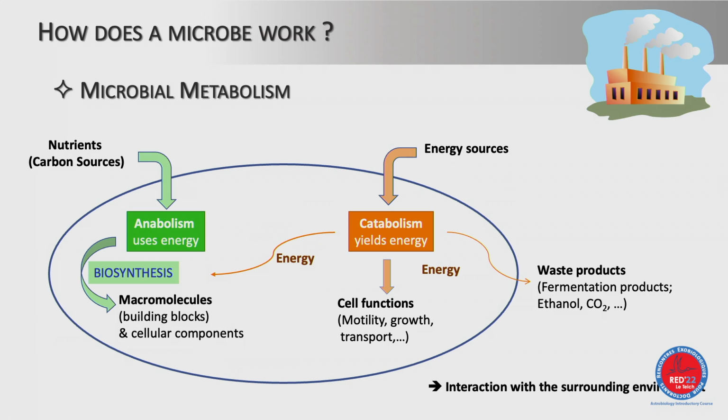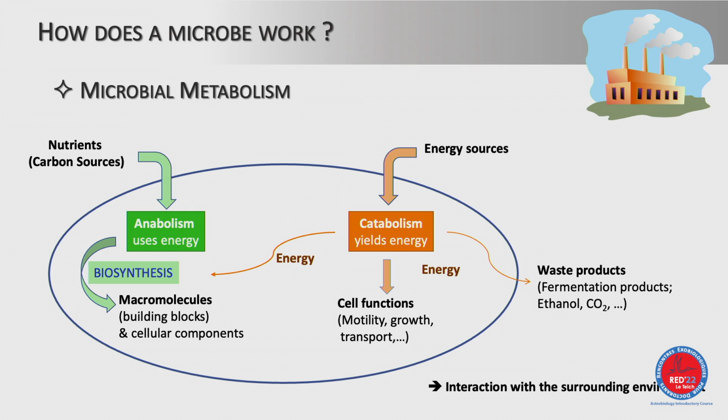And how does a microbe work? The microbial metabolism relies on carbon sources, so all the nutrients, and energy sources. The cell needs to find carbon sources and energy from the environment. The carbon sources, we call this metabolism anabolism. It's the biosynthesis of all the macromolecules in the cells, so all the building blocks and the cellular components.